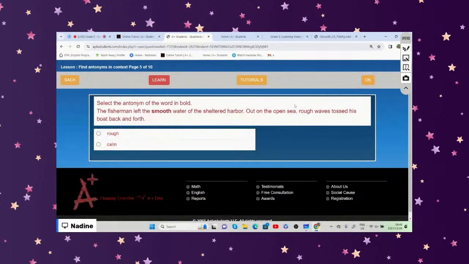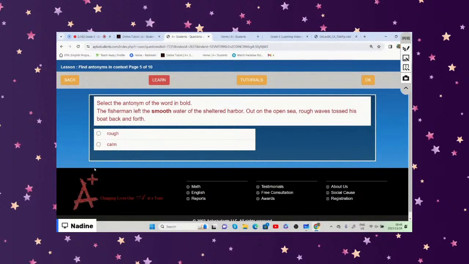The fisherman left the smooth water of the sheltered harbor. Out on the open seas, rough waves tossed his boat back and forth. Is it rough, which is the opposite of smooth, or is it calm?